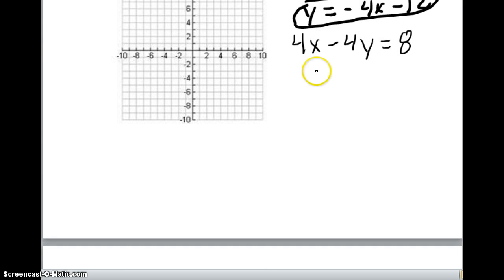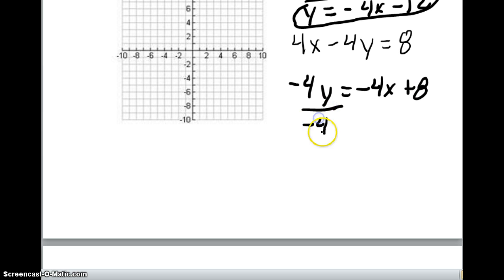And here, solve for y also. Subtract 4x from both sides. Then divide everything by negative 4. These are going to cancel out to just y.